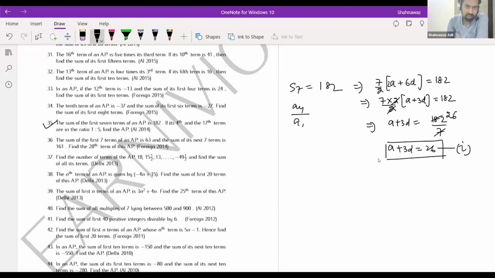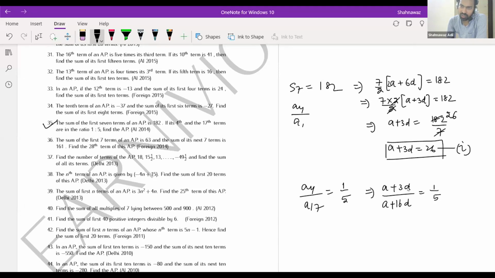And what is the other? The other one is A4 by A70 is 1 by 5, right, guys? A plus 3D is already given, so A plus 3D divided by A plus 16D is 1 by 5.